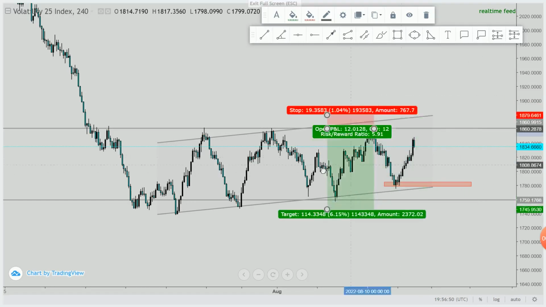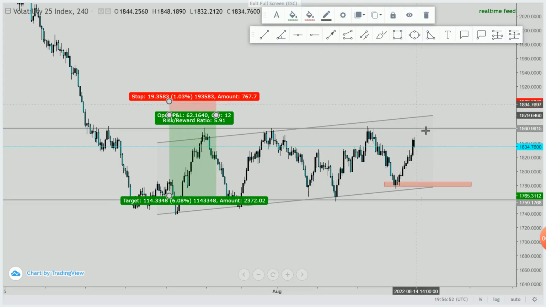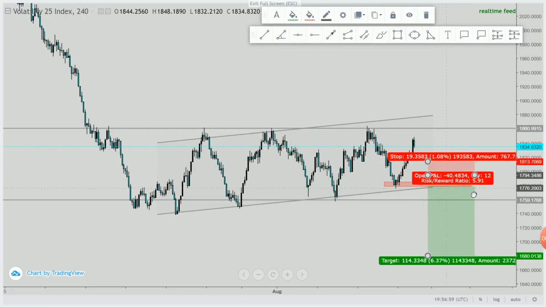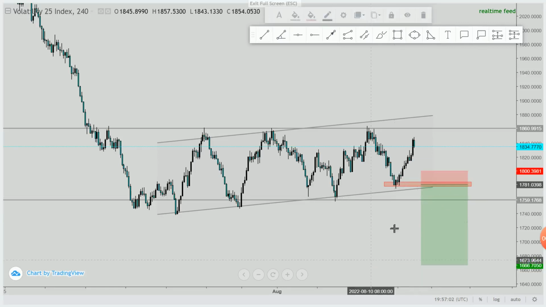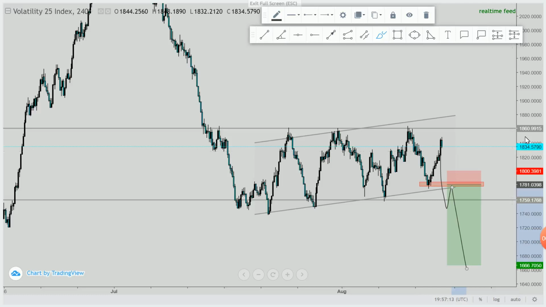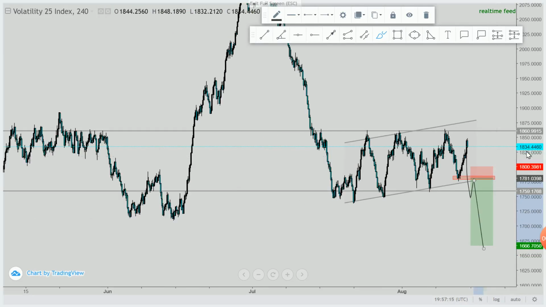If it breaks out completely to the upside, we wait for that retest, or we wait for this extra sell if we miss this opportunity here. If the market, we can have something like this. So the market might come all the way down. We wait for the retest first, then we take it to the downside. Do we have an area of interest down there that we can look at?